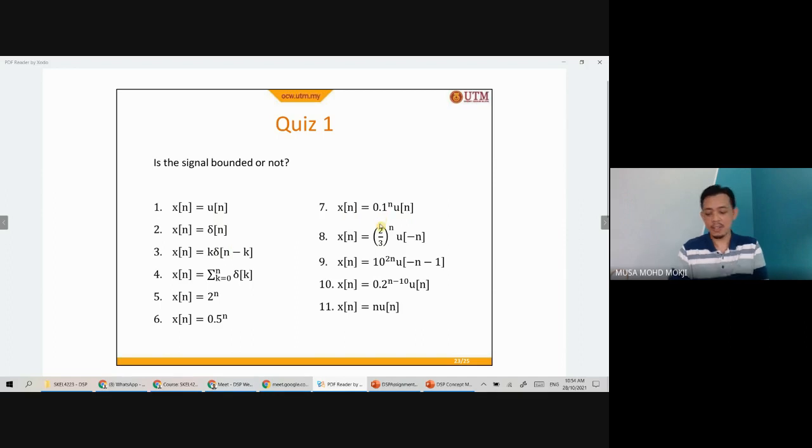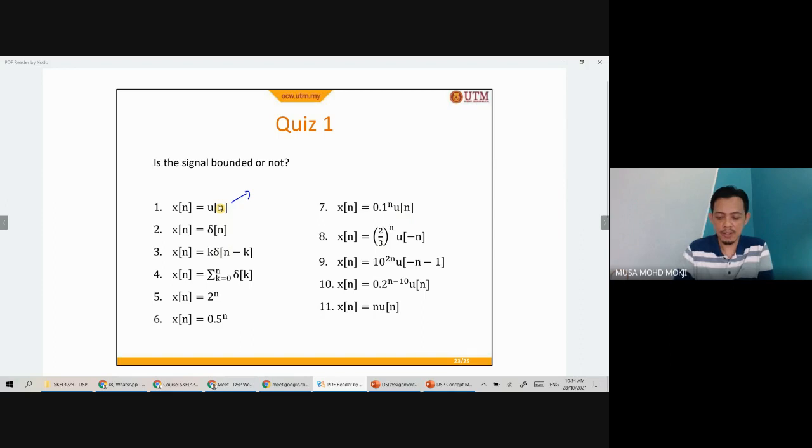It's just a representation of a sequence of values. Example, this one is x[n] equals u[n]. What is the sequence of values? If you can generate a sequence of values from this equation, it means this is a signal. What is u[n]? This is a unit step.